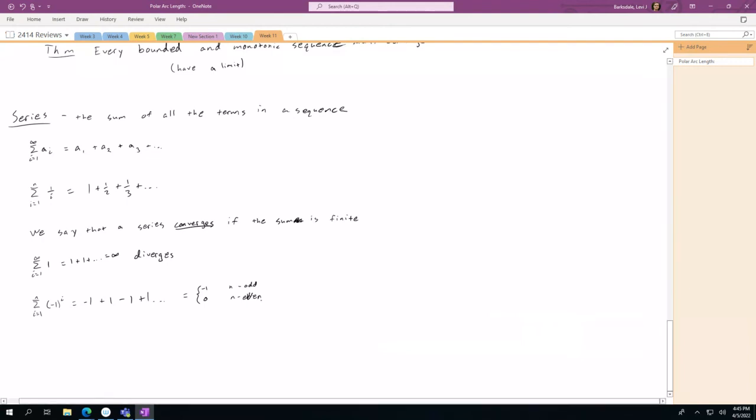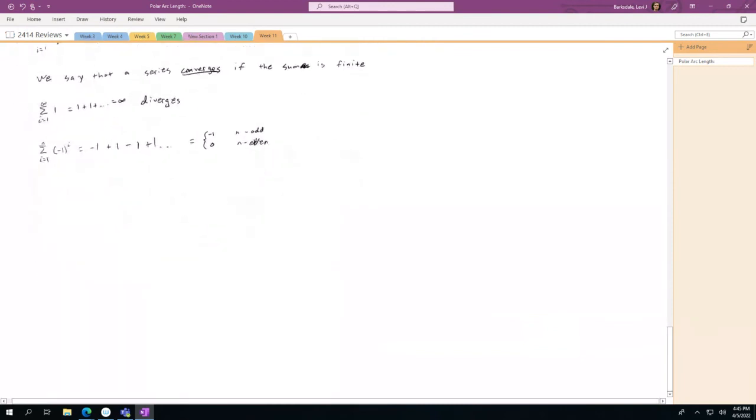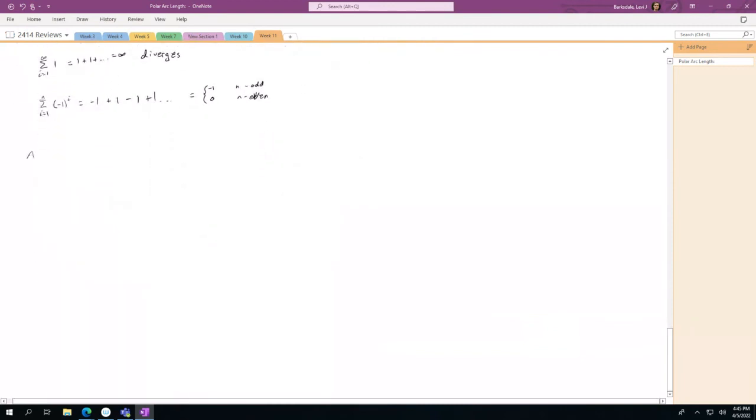So let's talk really quick about a special type of series. This is called a geometric series. Now, geometric series take very specific forms, and that form they happen to take is the sum of A times R to the n, where n is equal to 0.